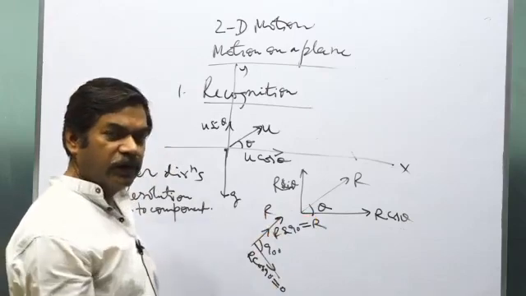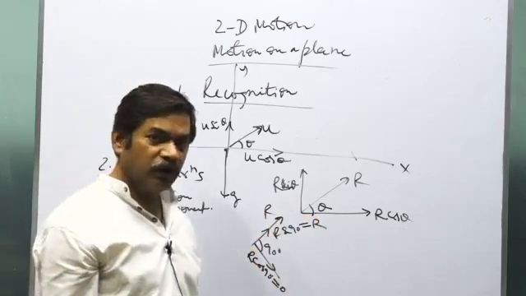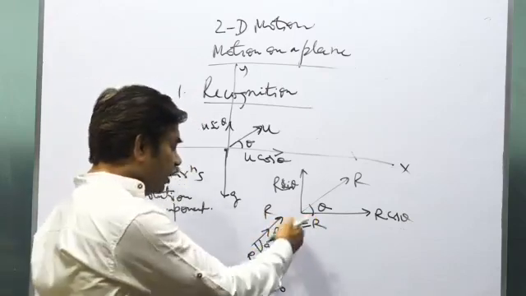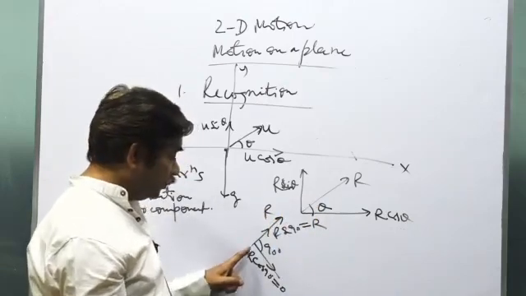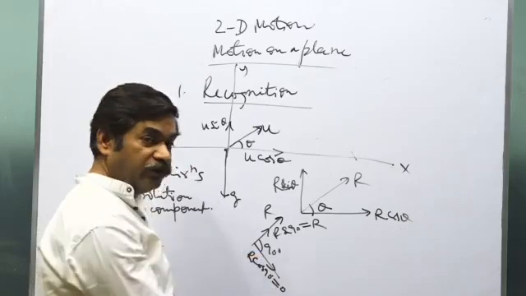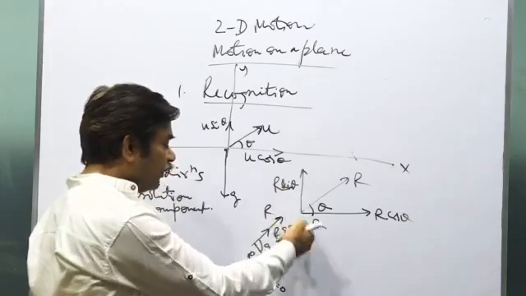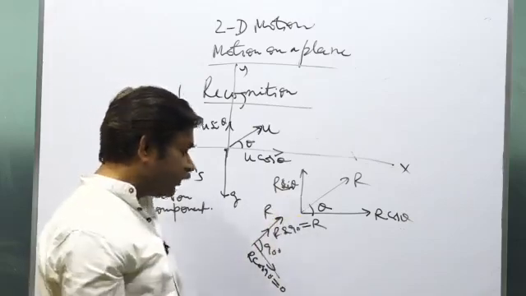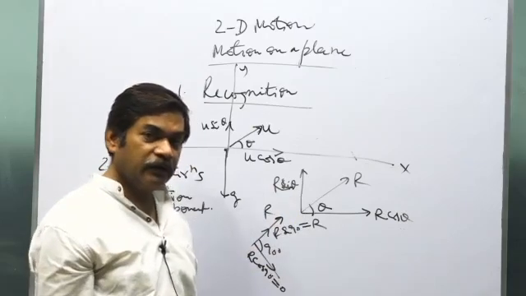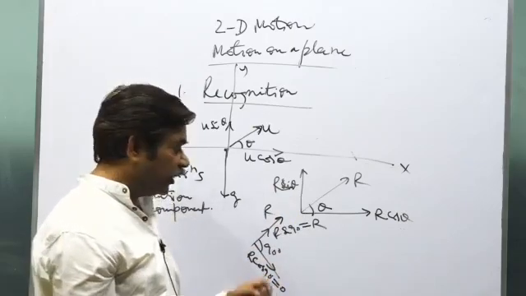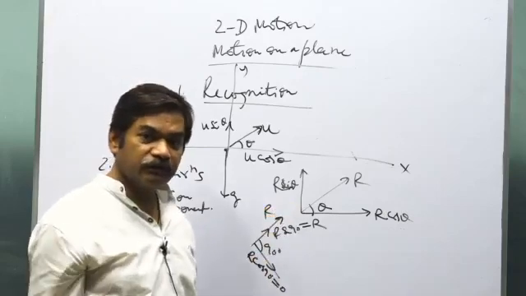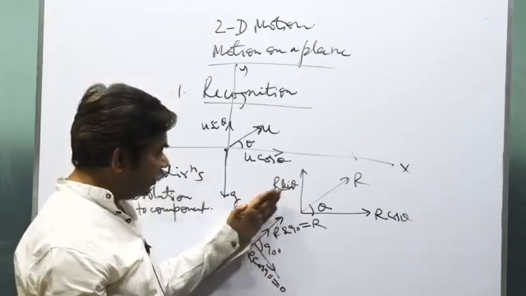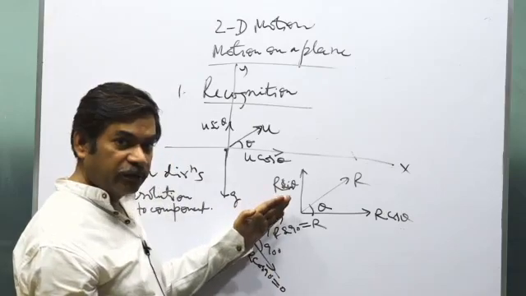And this is logical also. If r sin 90 itself becomes r, then the other component should be 0, because if one component itself is the complete vector r, then the other component should obviously be 0. This is the main thing: a vector does not contribute in its perpendicular direction.